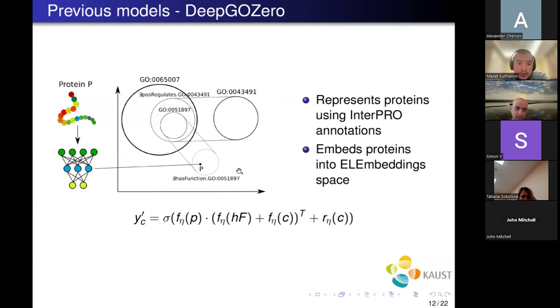So we tested this. We took some specific classes and removed all their annotations from the training set. We knew that there are some annotations for them, but we removed them completely from our training. We haven't seen a single protein annotated to that class. After the training process, we evaluated them, and for some of the classes we got AUCs of 0.9.